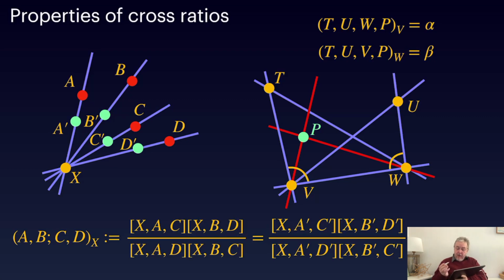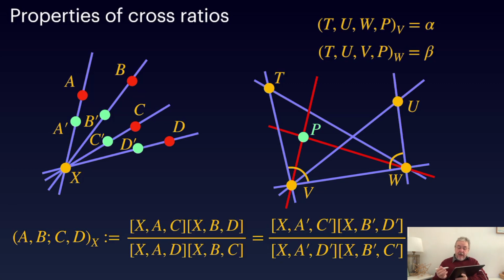So assume we have the following situation. We are given 5 points, and the 4 yellow points should form a projective basis, so no 3 of them should be collinear. So in principle, by projective transformation, we can move them to an arbitrary position. But what happens if we have an additional point P?